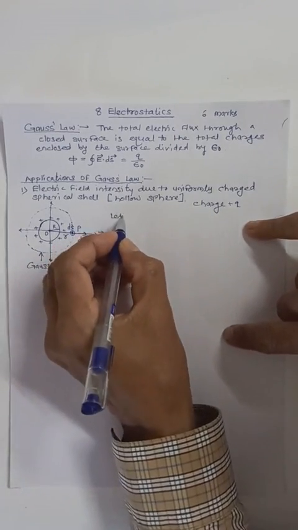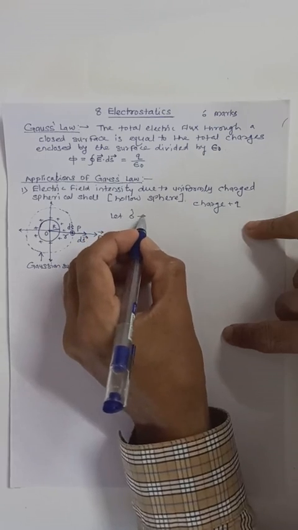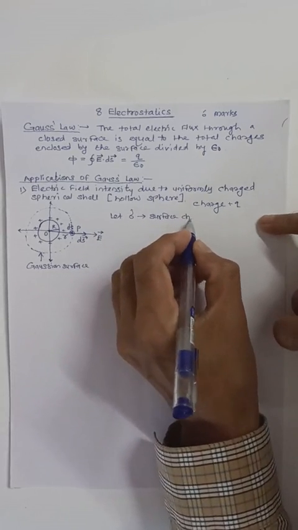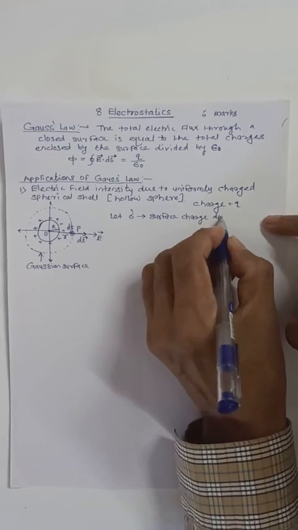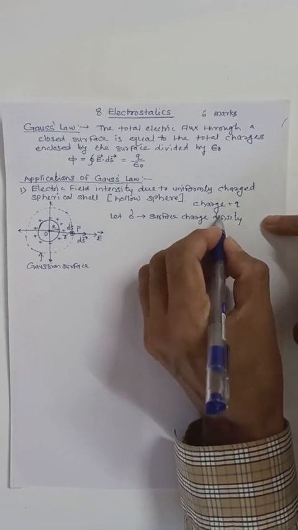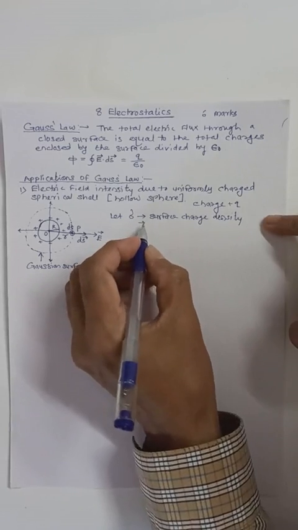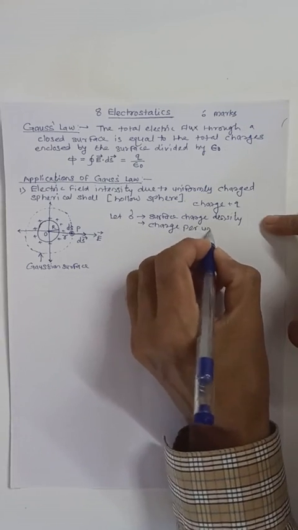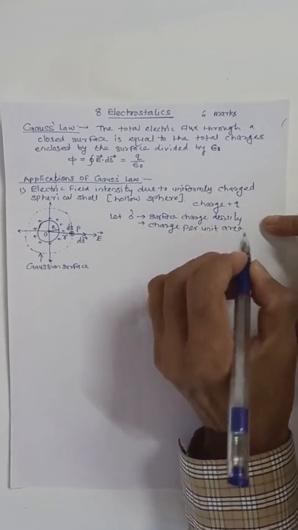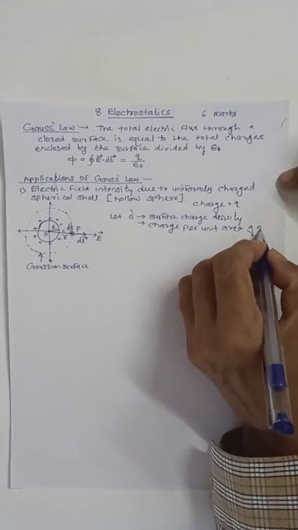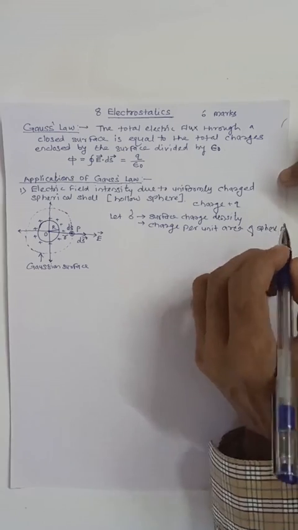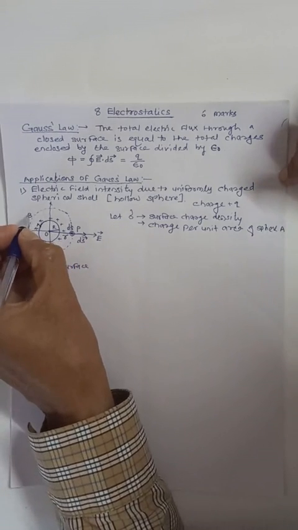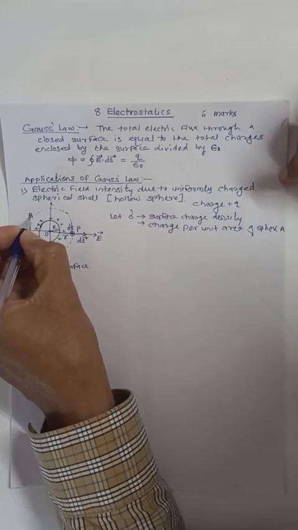Now let sigma be the surface charge density, or it is also called charge per unit area of sphere A. Suppose this is sphere A and this is sphere B. Sphere B is called Gaussian surface.